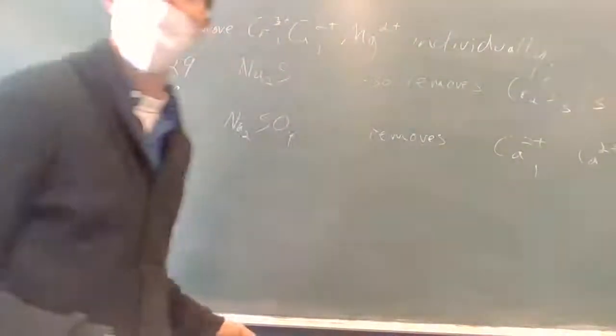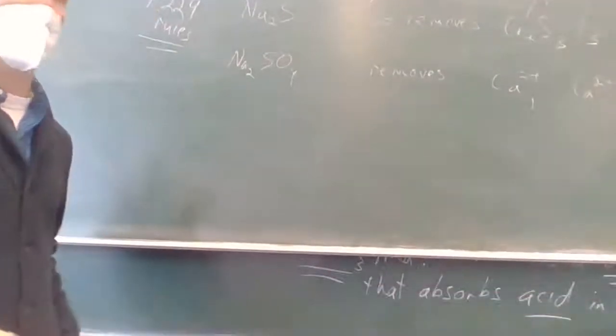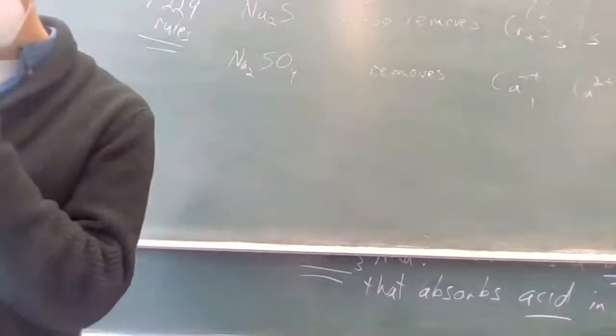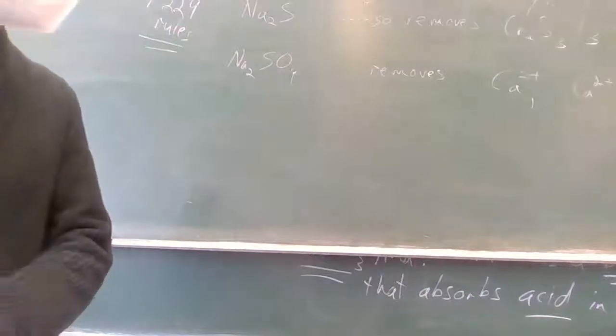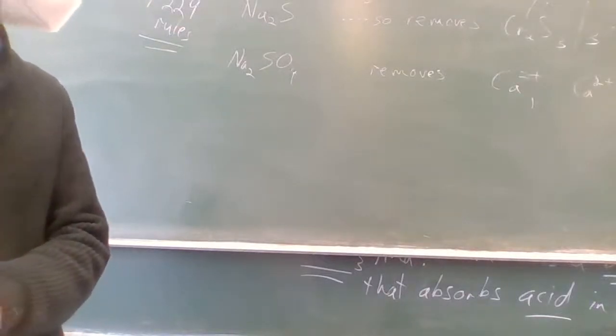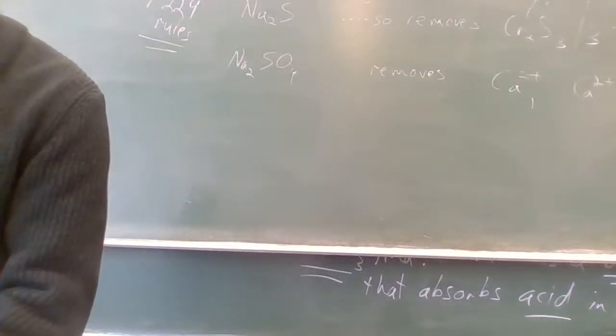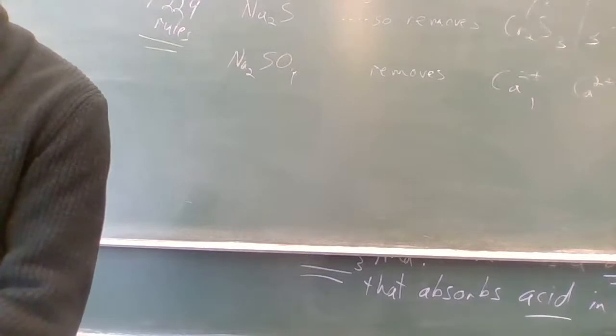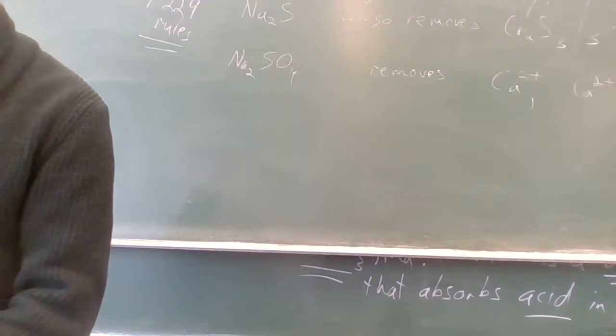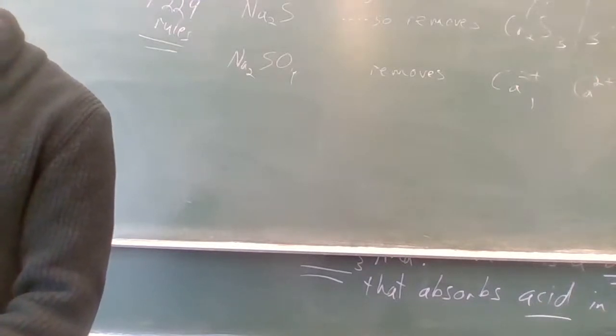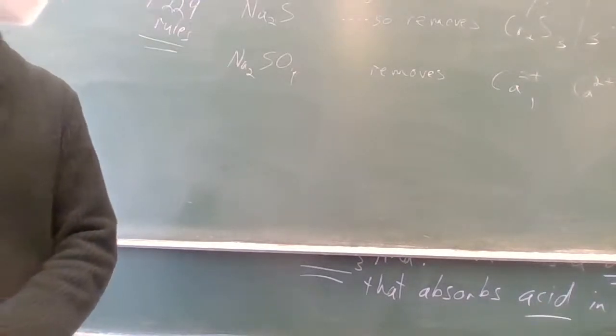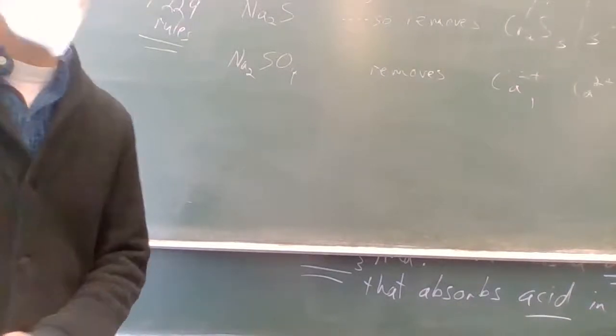Anyway, good. And the last one, we got to be able to remove, let's see what she did. She put in the sulfate, and that separates, so I still got Ca2+, and now I can put in what? Somebody else want to take the last bit? How could I pull out then the Mg2+?